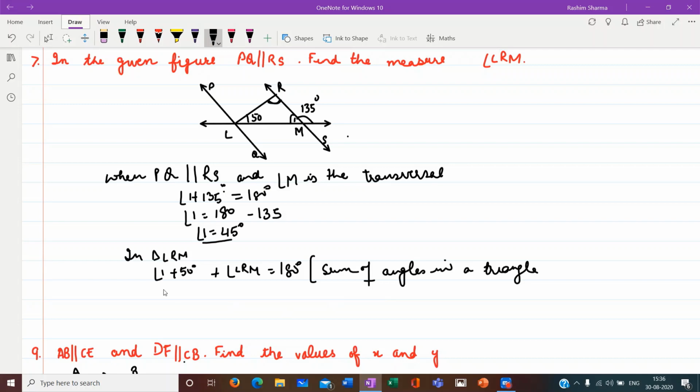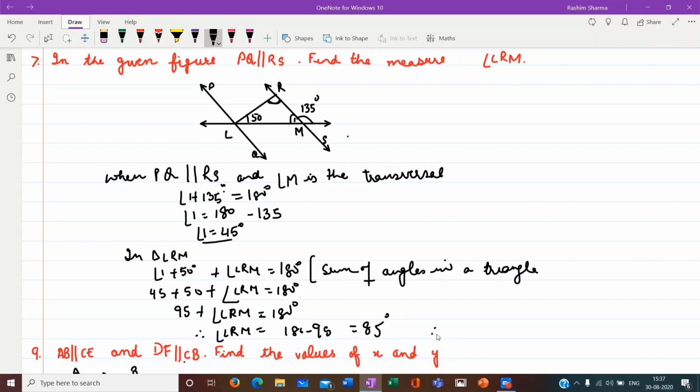So we get 45 plus 50 plus angle LRM is equal to 180 degree. So 95 plus angle LRM is equal to 180 degree. Therefore angle LRM comes as 180 minus 95, that is 85 degree. Therefore angle LRM is equal to 85 degree.